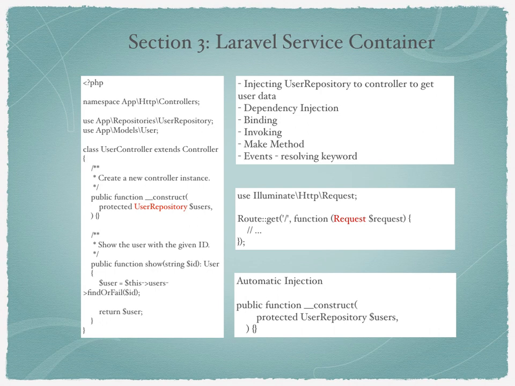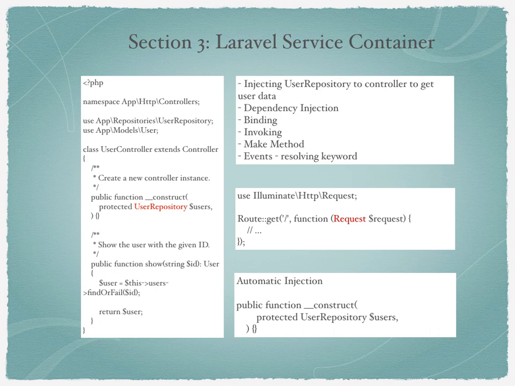So the user controller will display whatever data according to that. There are multiple tasks and functions available for this service container, like injecting the user repository into the controller to get user data. This is what I covered in this example.